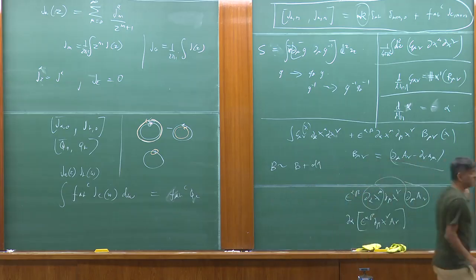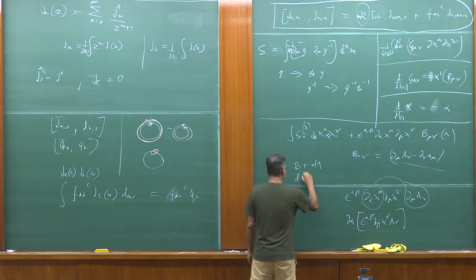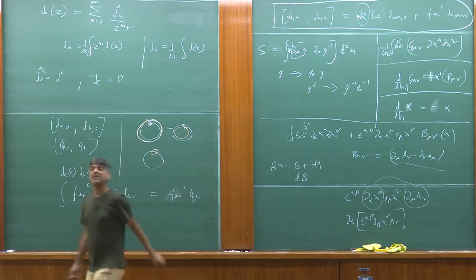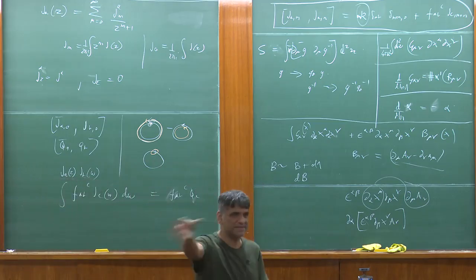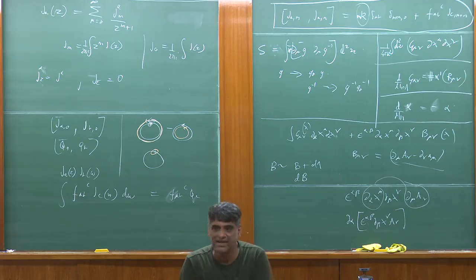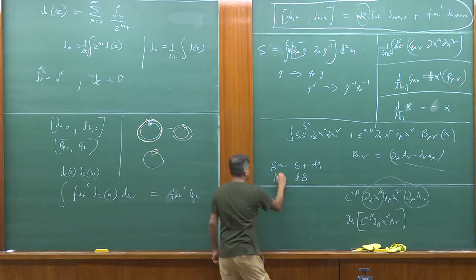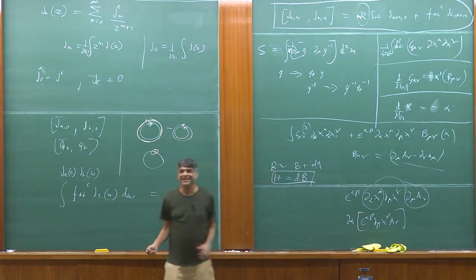So clearly you see that wherever this B field is, it enjoys a gauge invariance in the bulk, under shifts of B going to B plus dA. Which tells you that the physical content of B is dB. It's very similar to the discussion of electromagnetism, where A has a gauge invariance under A goes to A plus d phi, and the physical content is F. So we sometimes call this H when we study string theory, and H equal to dB is the physical content of the thing.